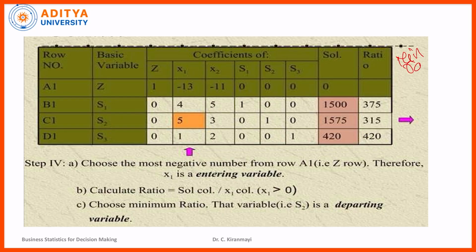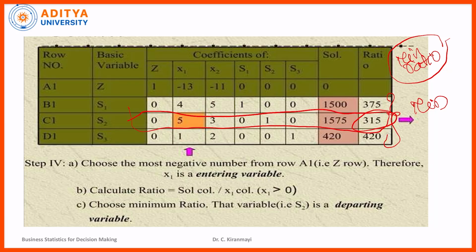So this is how we find the minimum ratio. After that, we identify the key row, the row which has the minimum ratio. Among these values, 315 is the minimum. Therefore, this is the key row and this is the key column.